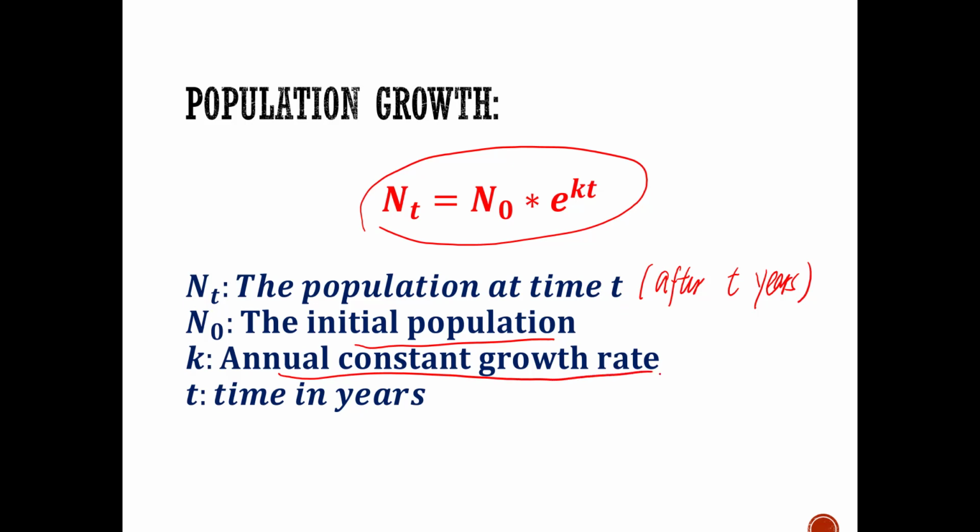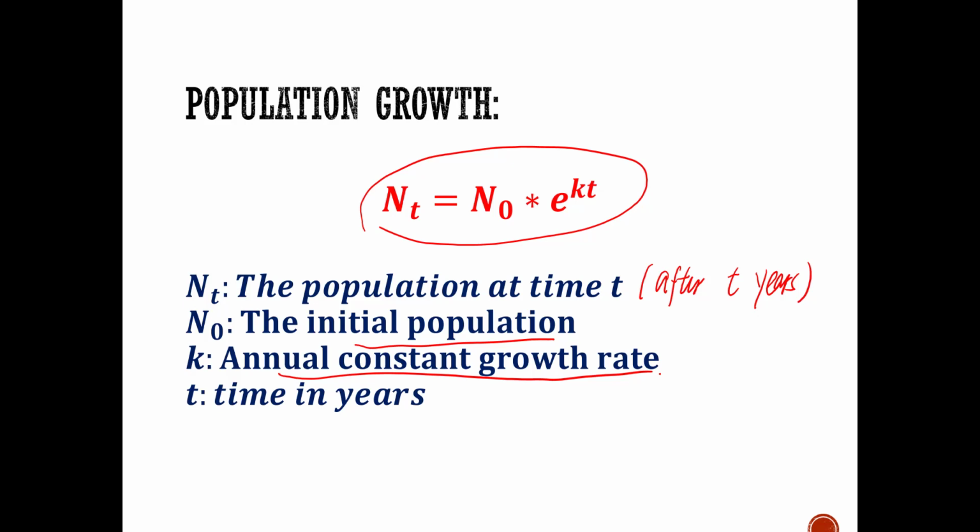So for every county or every state, city, and then the entire country or the entire world, we can always come up with the annual constant growth rate, and the U.S. Census actually posts those data about the annual constant growth rate.